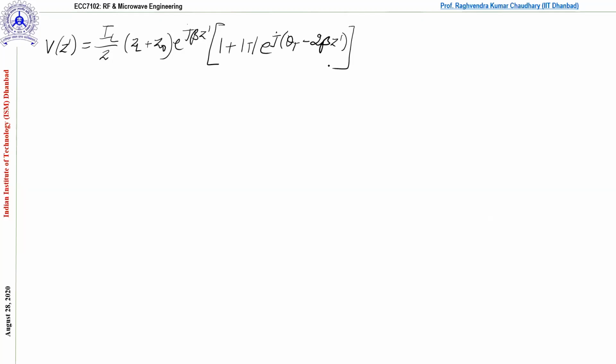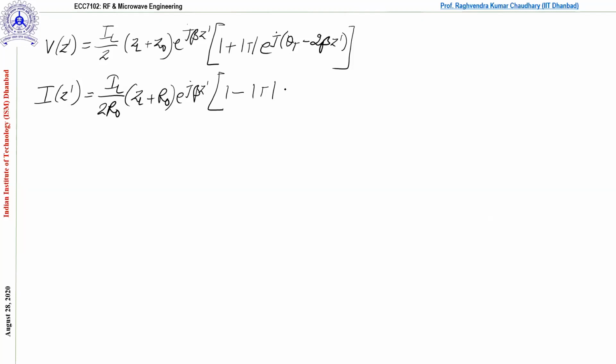Correct. In the same way, one can also write for the current, which is Iz dash, IL by 2 R naught, ZL plus R naught e to the power j beta Z dash, and then there will be one sign change only, and the whole equation will remain the same except the denominator, where we put R naught.